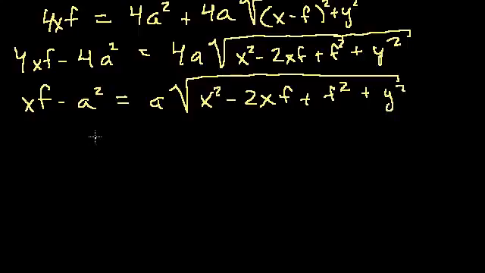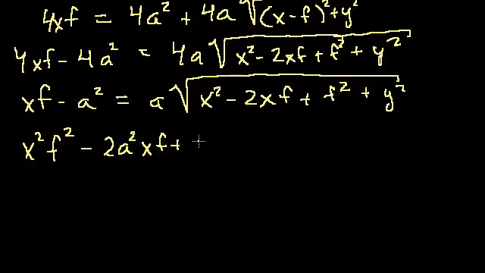And now we could square both sides of this equation right here. And then if you square both sides, this side becomes x²f² − 2a²xf + a⁴. That's this side squared.